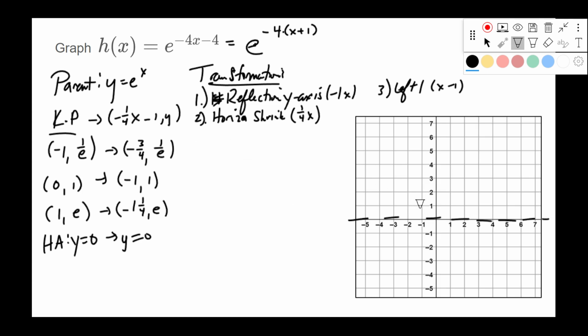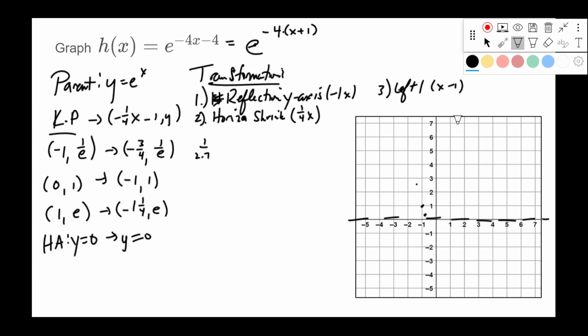Okay, we are going to go left 3/4 and up 1 over e. So that's like 1 over 2.7. That's almost like a third, somewhere between a half and a third. So we'll say there. Left 1, up 1. There we go. And then left 1 1/4, up 2.71, right?